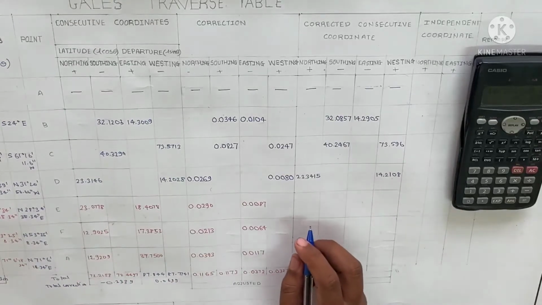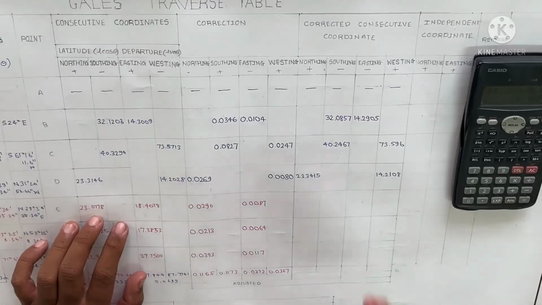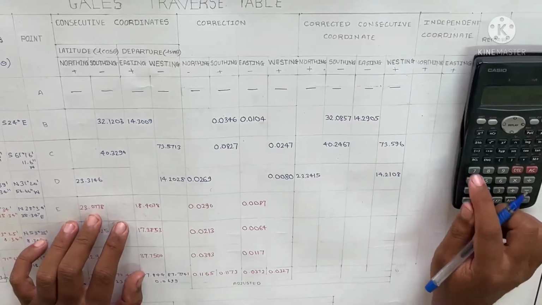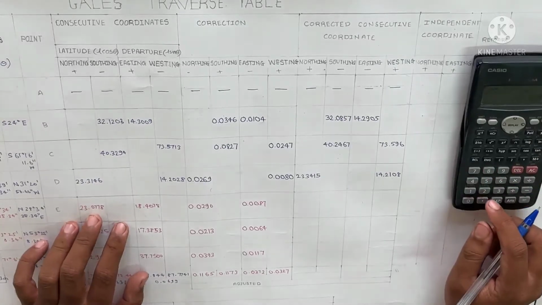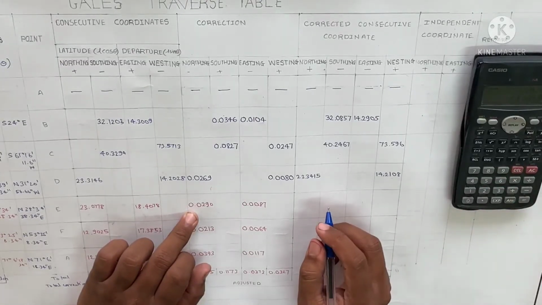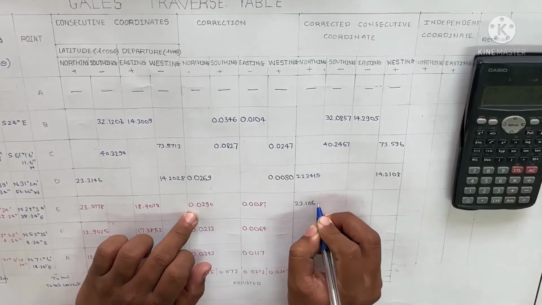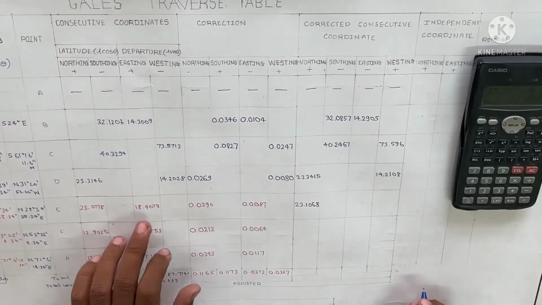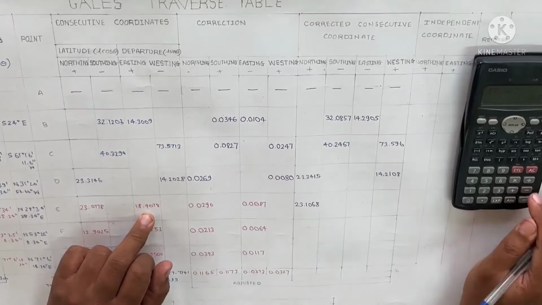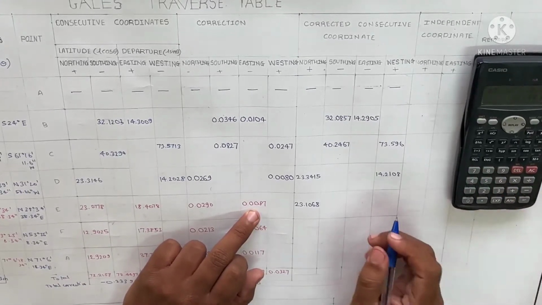So likewise we are going to do the calculation whether it is required to be added or subtracted from the respective column and enter it correspondingly in the same row. Okay, so 23.0778 plus correction 0.0290, so it is coming out to be 23.1068. Then easting, it is 18.4078 minus correction 0.0087, so it is coming out to be 18.3991.